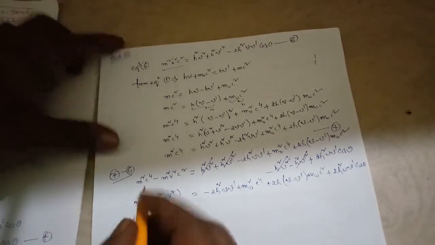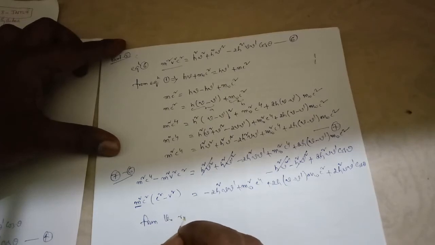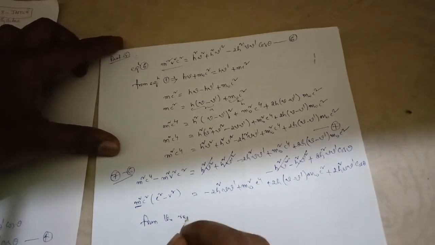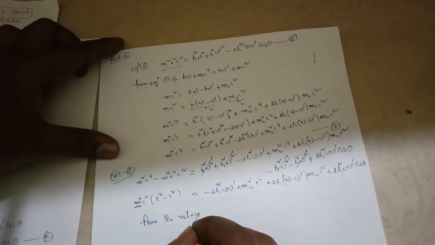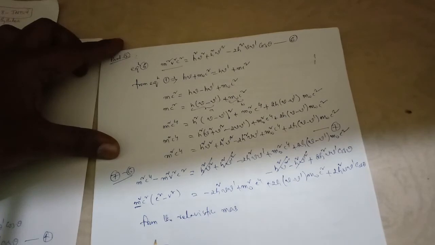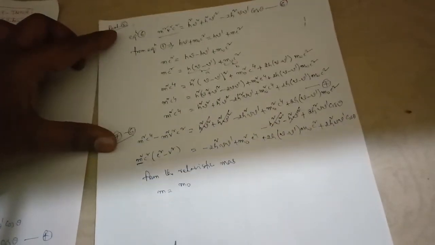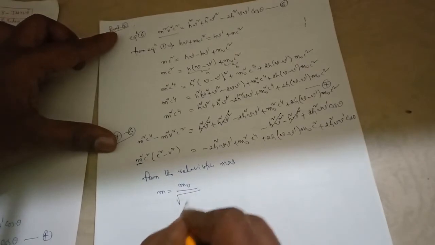So here this is m square, but from the relativistic mass, m is equal to m naught by square root of 1 minus v square by c square.